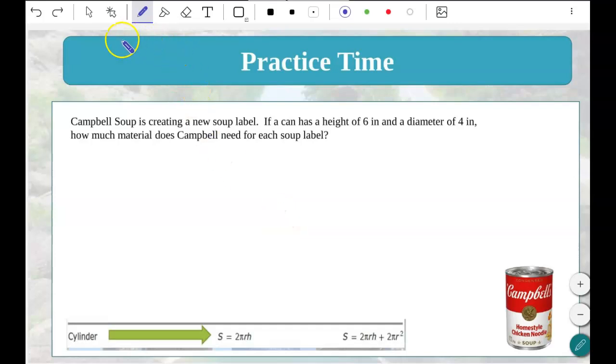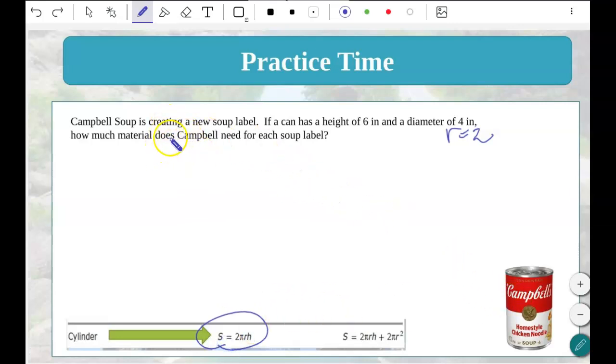All right, this one, it says Campbell's Soup is creating a new soup label. If a can has a height of 6 and a diameter of 4, how much material does Campbell's need for each soup label? Okay, so it has diameter. We need the radius. So if the diameter is 4, radius is half of that, so it's 2. Now we're just finding the lateral surface area because it's just the label.